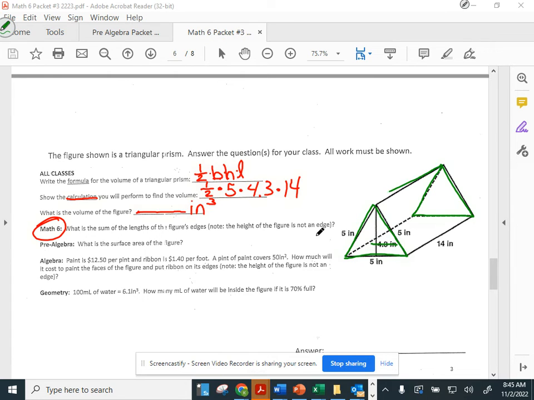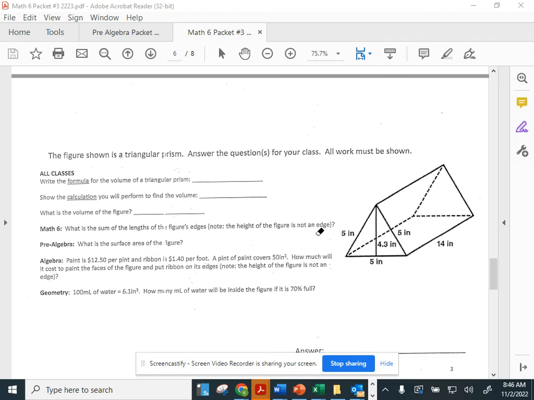Then you're going to add each length of the rectangle. So add all of those sides up and put your answer down here. Remember, you don't need the height because that is not on the outside of our triangle.